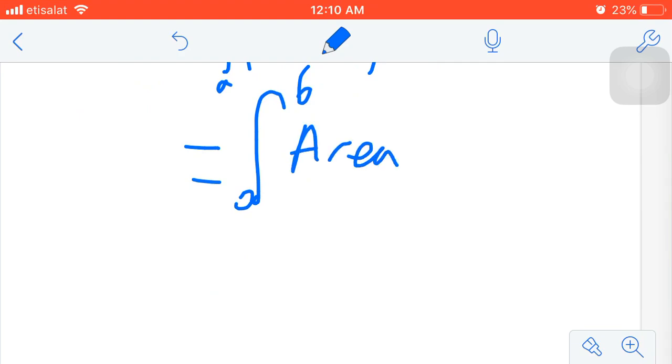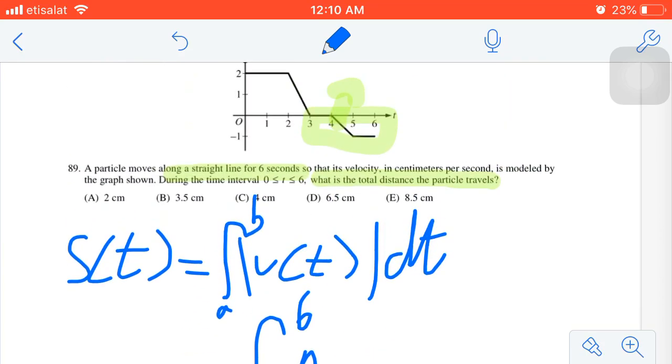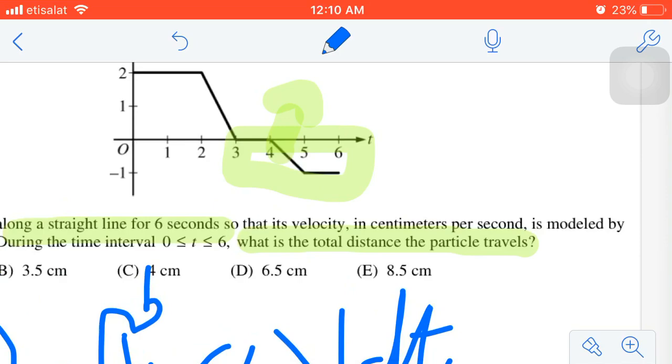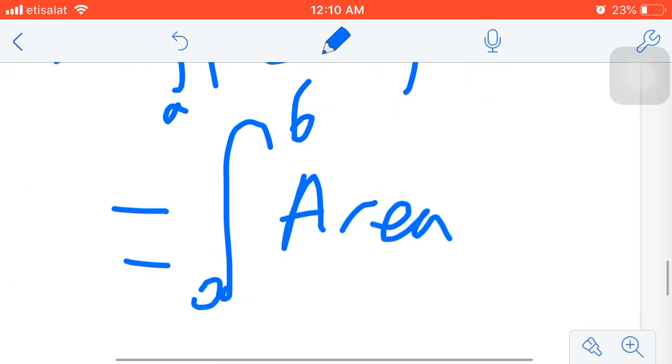And we have to make sure that we use the correct value for the negative part here, which will be positive actually.